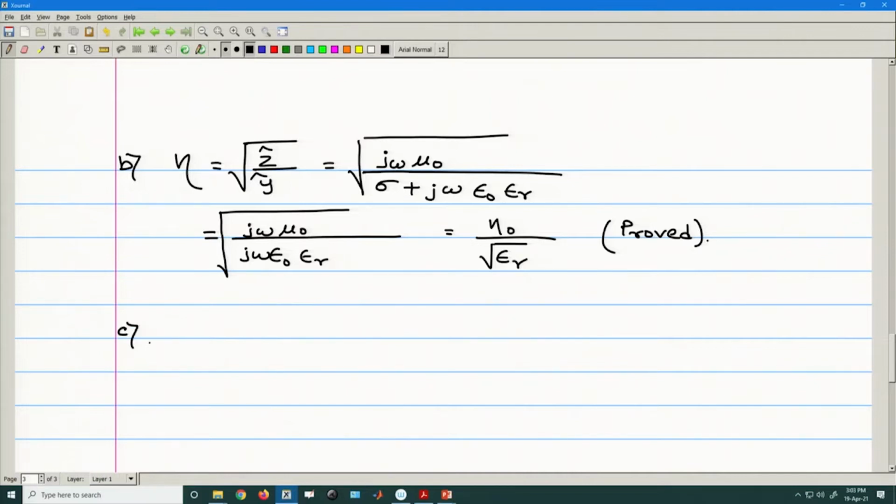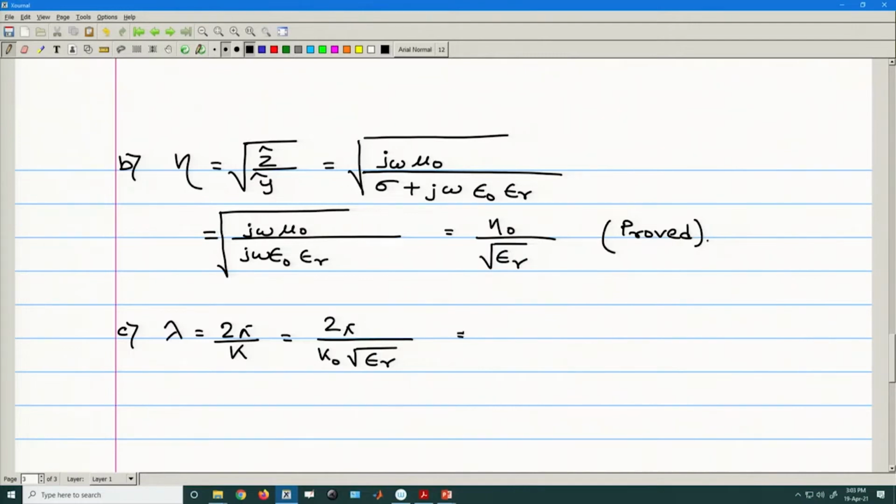For the next part, we have lambda, which we know is 2 pi upon k. So, substituting for k from the first part, where we got k equals k naught root epsilon r, we will get 2 pi by k naught under root of epsilon r.